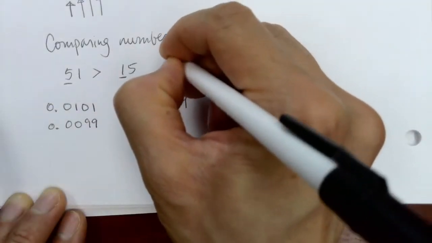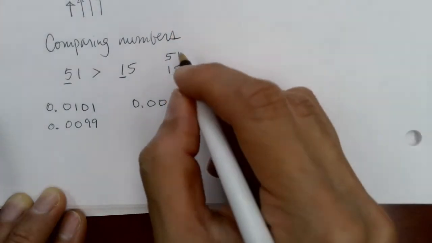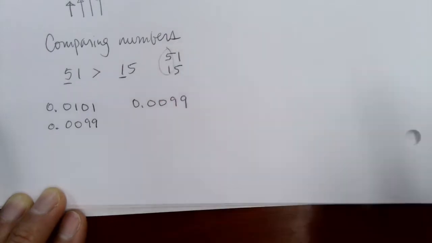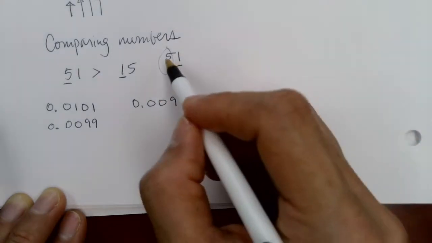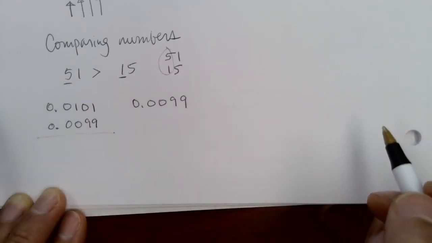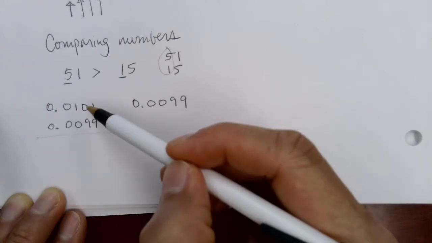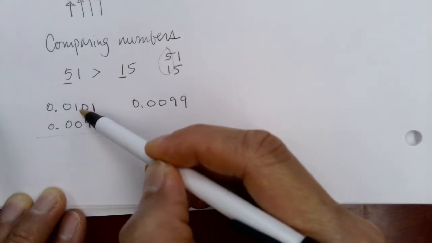For example, if I went back to 51 and 15, if I line them up this way, it's easy to see which one is greater. Over here, it's also easy to see that this first number is greater.